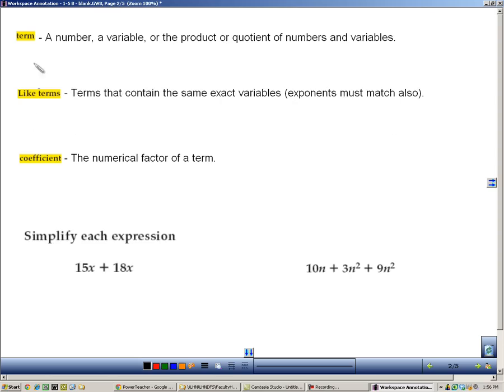Now we'll talk about some definitions so that we can speak intelligently about the different things we're going to see in this section. The first definition is the word term. A term is a number, a variable, or the product or quotient of numbers and variables. So a term is pretty much anything. The number 3 is a term. Negative 6 is a term. It could also be a variable like x or a or h.